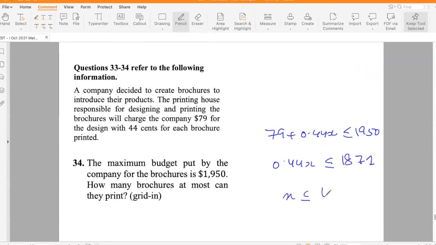So x should be less than or equal to 1871 divided by 0.44. That comes to 4252 point something. So the maximum number of brochures is 4252.